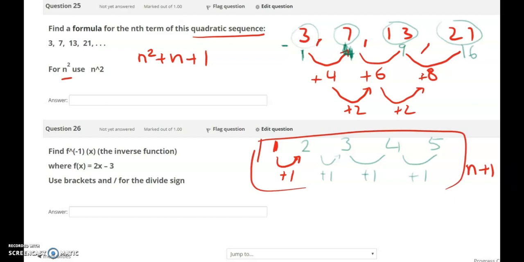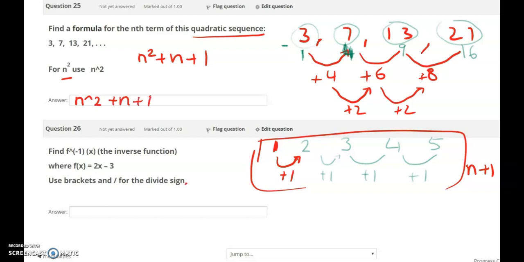So I've added that to the nth term for the quadratic sequence. So n squared plus n plus 1 would be the nth term of the quadratic sequence. So we'll write this as n squared plus n plus 1.